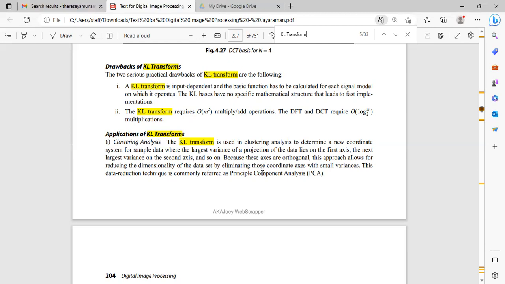The next axis will be taken in the direction orthogonal to the first direction. That will be the second principal component. So this data reduction technique is commonly referred to as principal component analysis also.